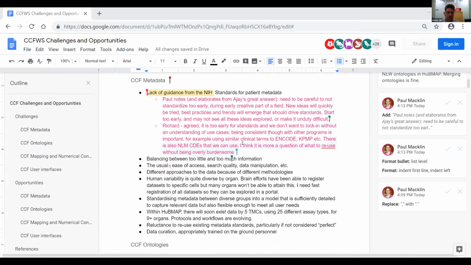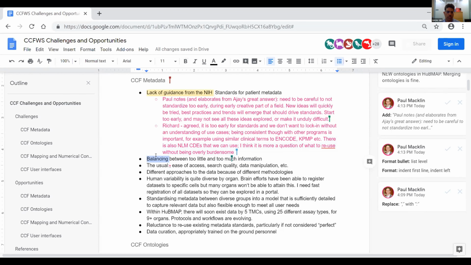One of the comments is about balance between too little and too much information, which is very true because metadata can be thousands of elements, and we really need to understand, for each organ system, what the domain experts and the users of that data consider first essential to capture. And the caveat should be that there always should be opportunity, or permissions from the subjects, to go back and get more. I think that's critically important.